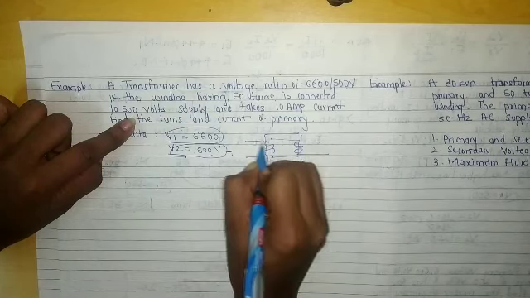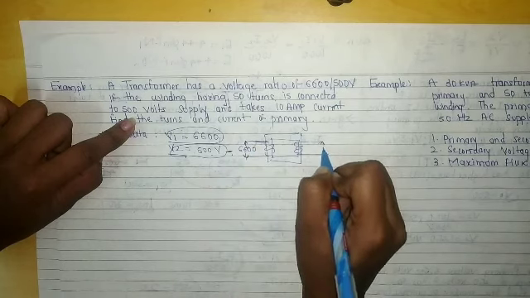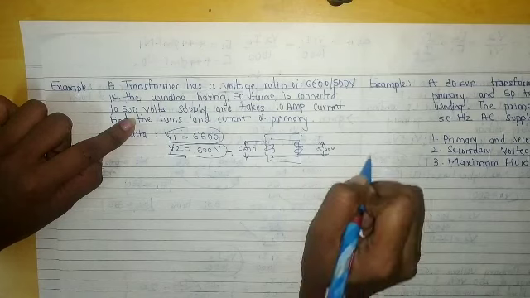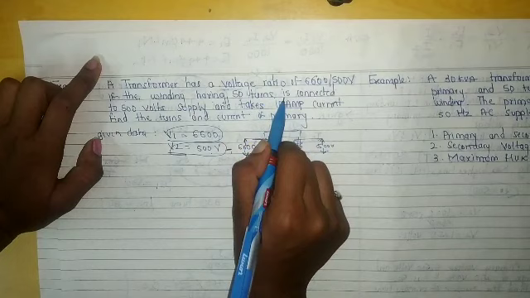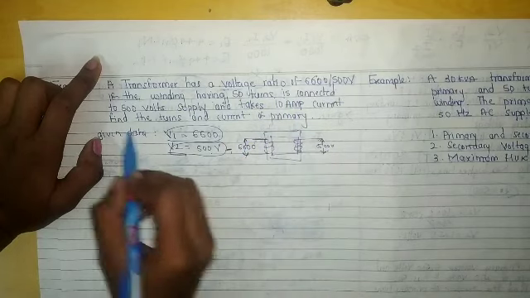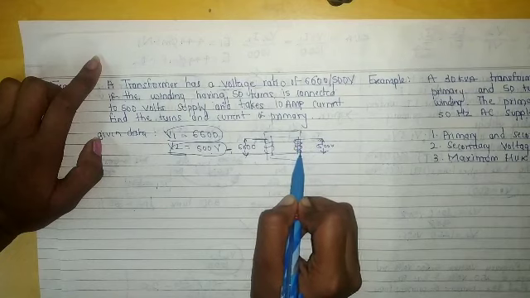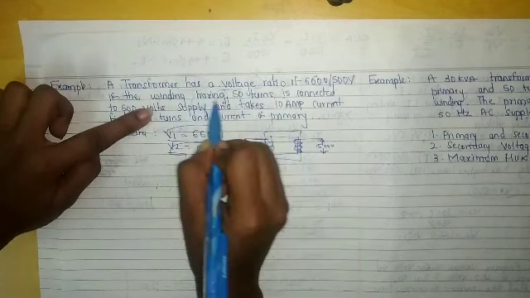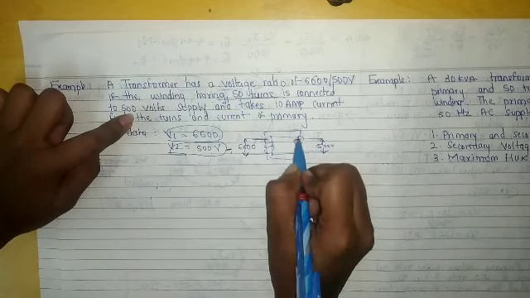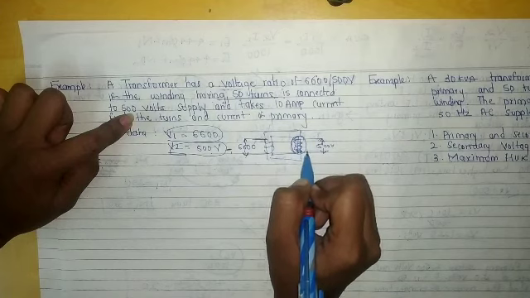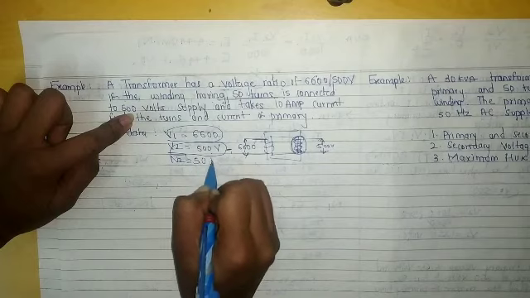So this is our transformer, right? They have given 6600 volt supply in primary and 500 volt supply on secondary. Now, if the winding having 50 turns is connected to a 500 volt supply, that means the winding is the secondary winding. Why? Because they have given the secondary number of turns, N2 is equal to 50 turns.